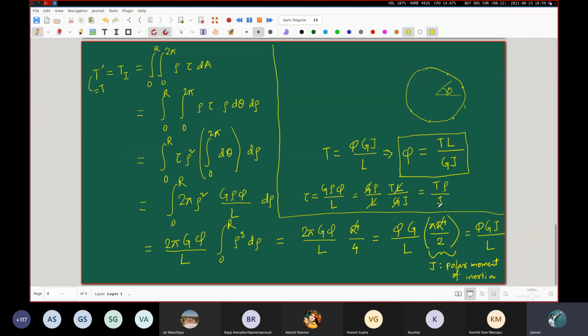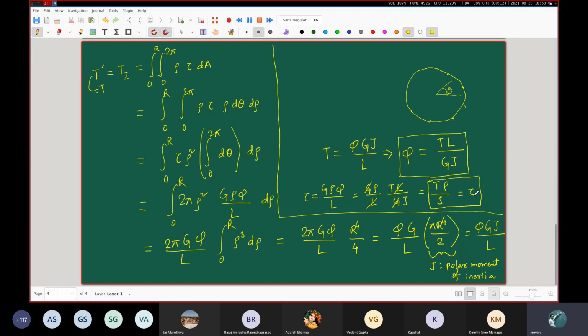J, the polar moment of inertia, is a geometrical parameter which has nothing to do with the material property. As long as you know the cross section and the radius, you can find it out. So this formula, tau is equal to T rho by J, is telling us the expression for the shear stress as a function of the radius.